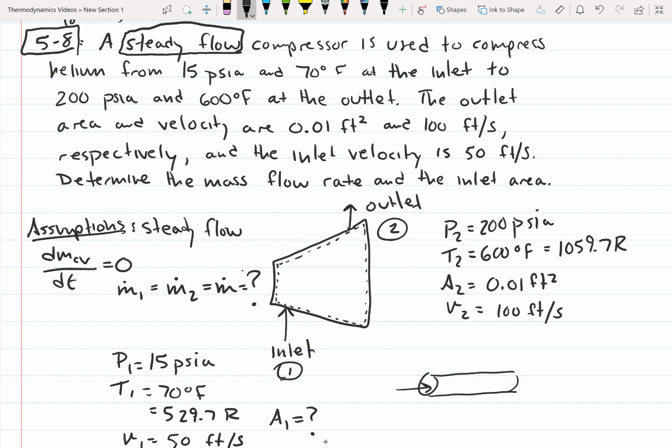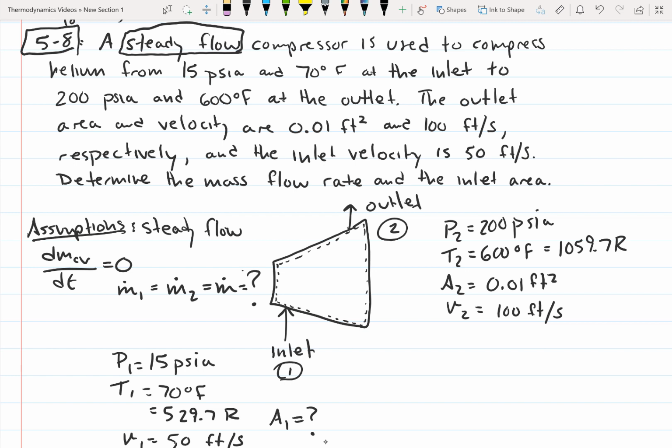This is the case with a lot of engineering devices. So in this case, we have a compressor. If this didn't tell us that the compressor was steady flow, we could pretty much just assume that for this problem, because, assuming that the compressor hasn't just been turned on and has been operating for a while, if we have more mass flowing into the compressor than what's flowing out over time, the compressor is eventually going to explode.